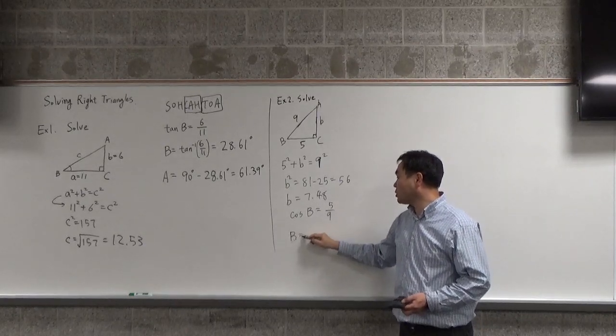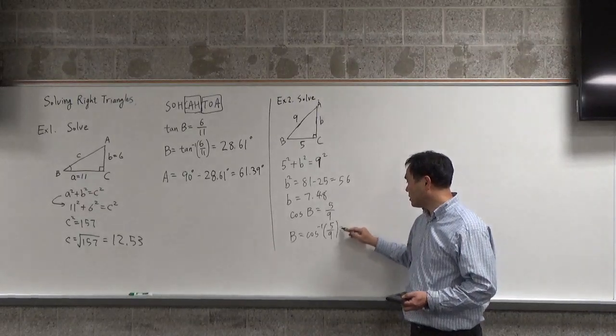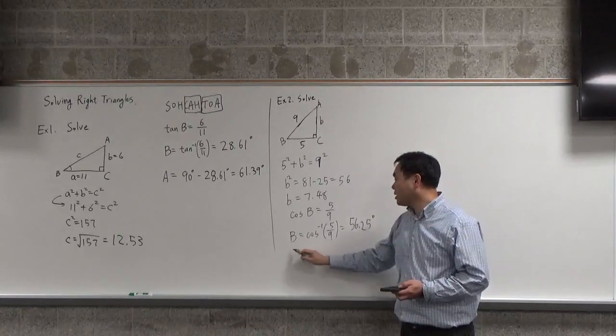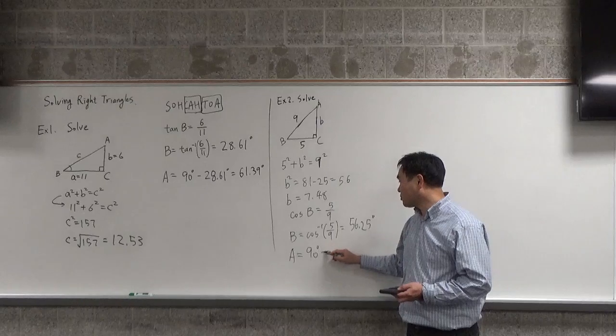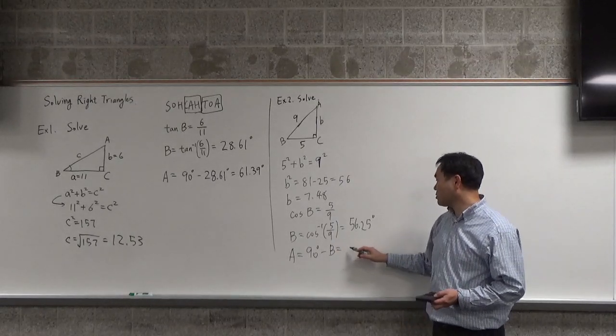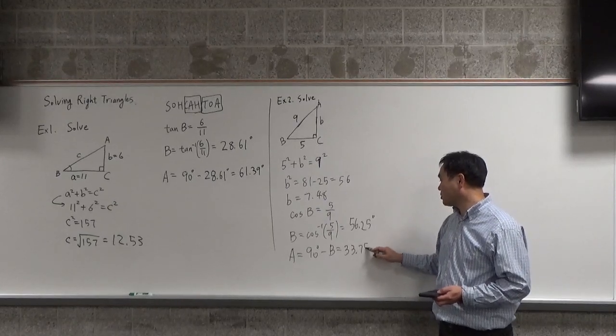Therefore, B would be cosine inverse of 5 over 9. So we get 56.25 degrees. And once again, angle A is obtained by subtracting angle B from 90 degrees. So that's going to be 33.75 degrees.